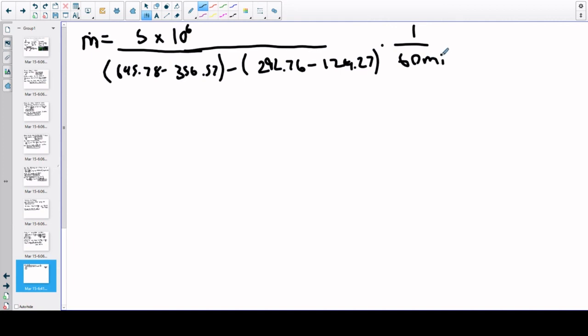Divided by 60, since it's 60 minutes an hour. You get the drill. And then we end up getting 690.3369, in pounds per minute.